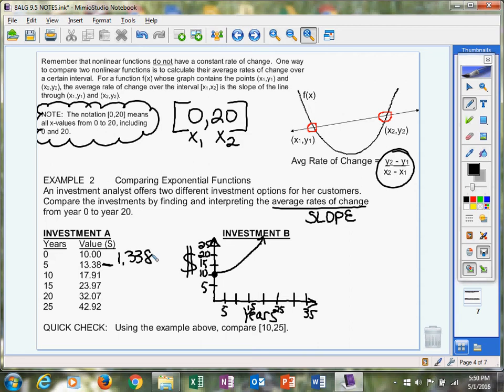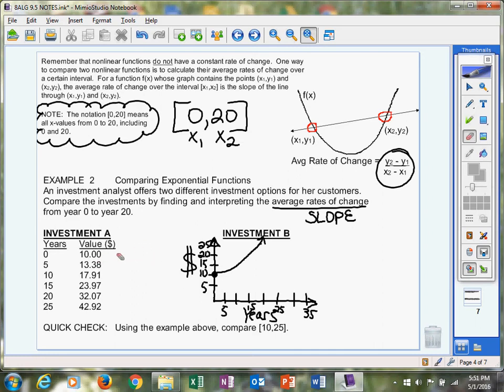Okay, so it's all pretty close to being about 1.338, about 1.34 or so. So it looks like it's pretty close to being exponential in its growth, because I see the evidence of there being a common ratio. Let me take this off because we won't need this.